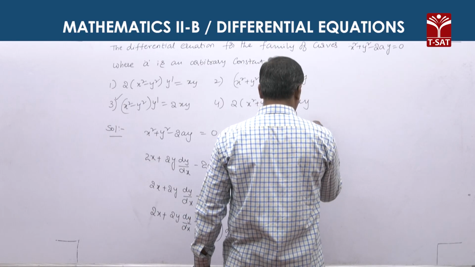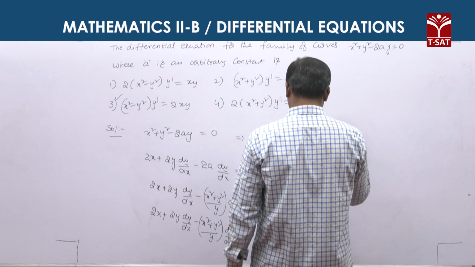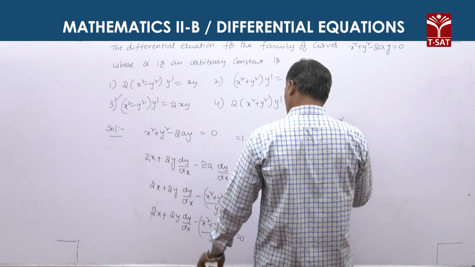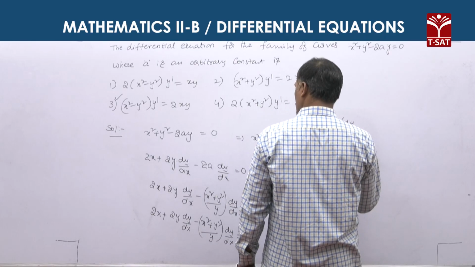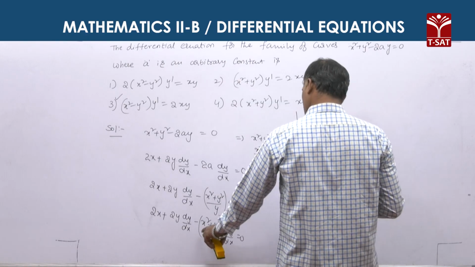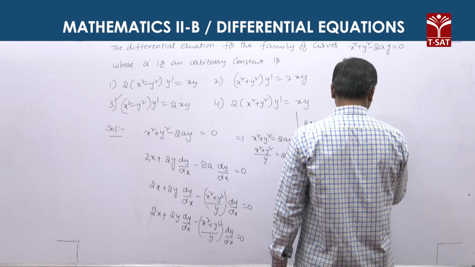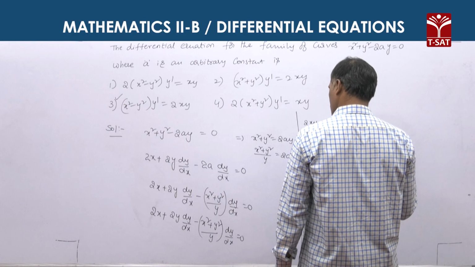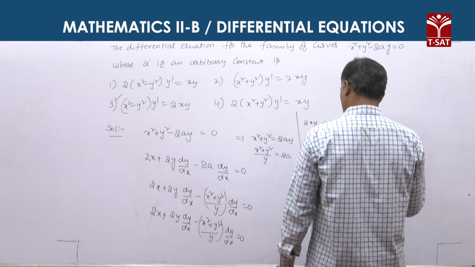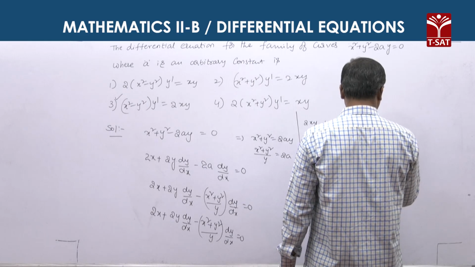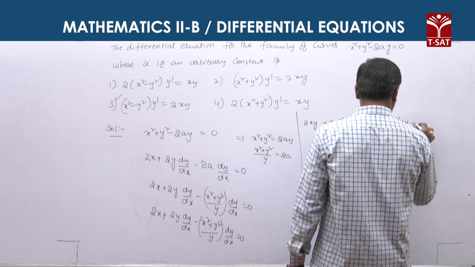Taking LCM y: 2xy plus 2y square into dy by dx minus x square into dy by dx minus y square into dy by dx is equal to 0.